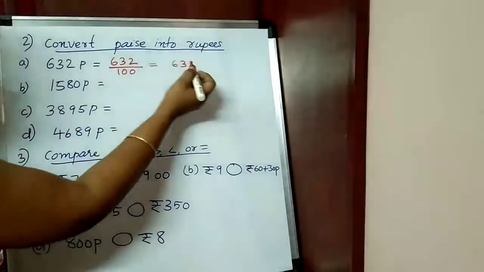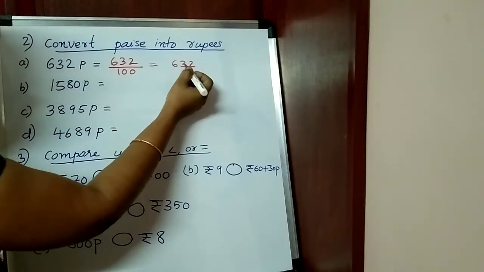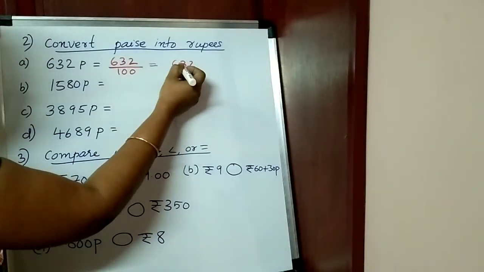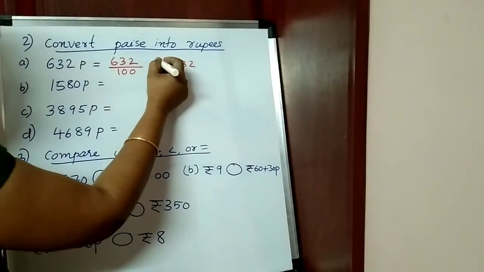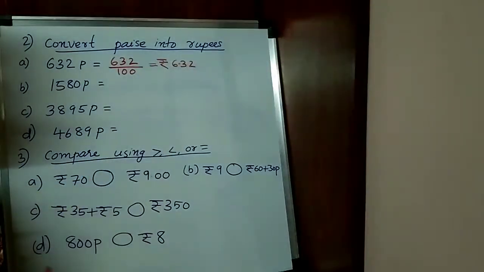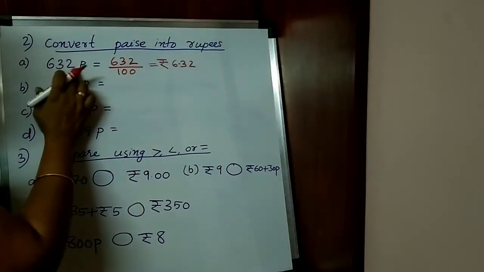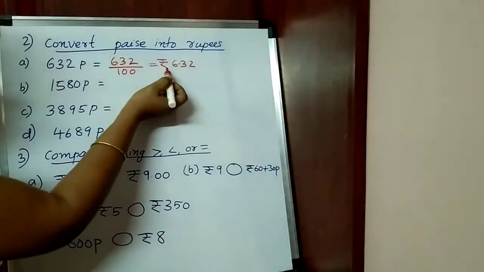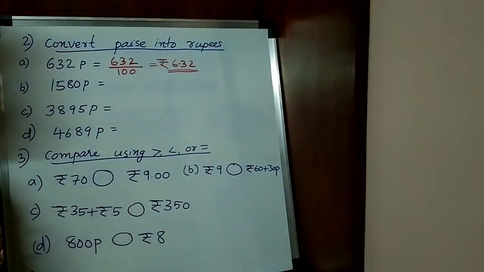So starting from the right side, after 2 digits, 1, 2, you put one dot. This is your answer. Then you put the symbol of rupees. So when we convert 632 paise into rupees, what is your answer? 6 rupees 32 paise.